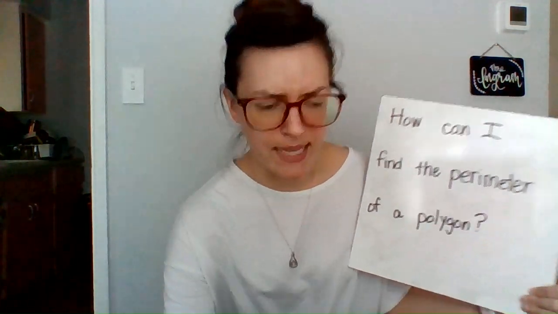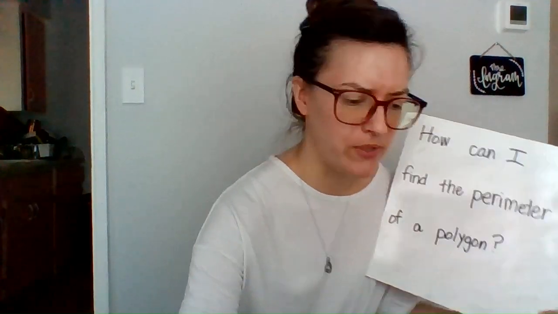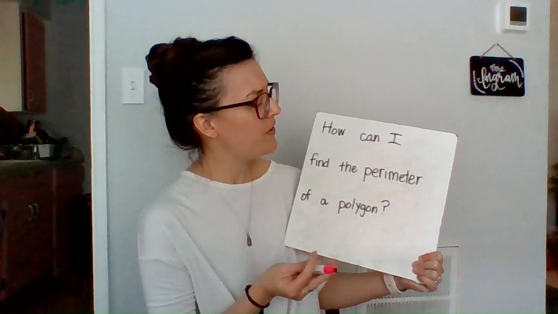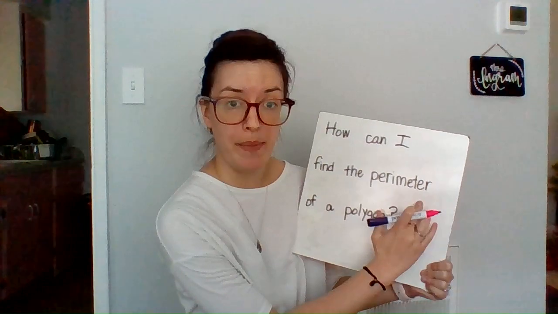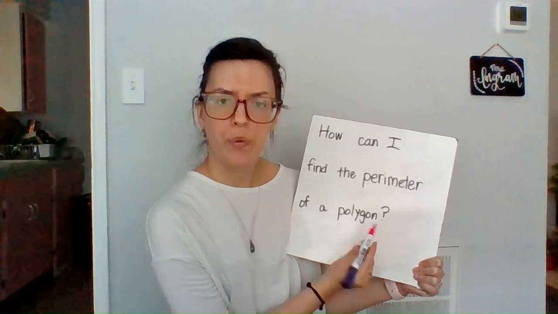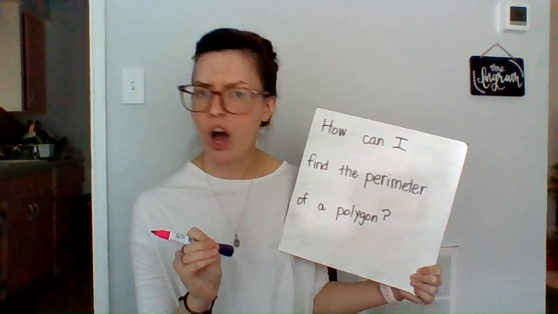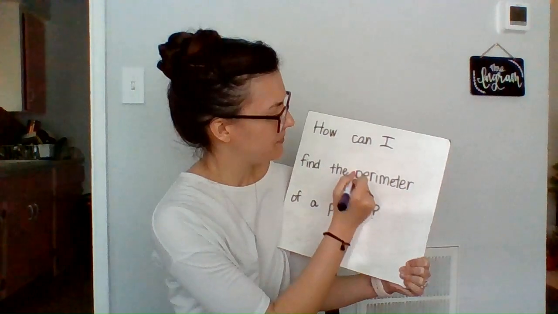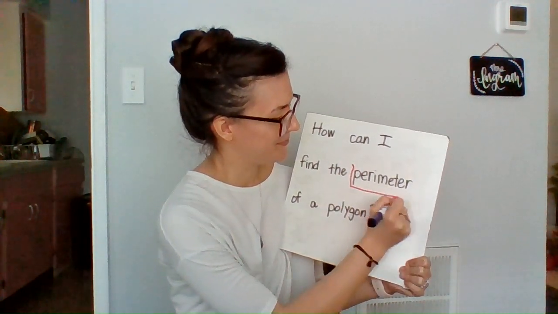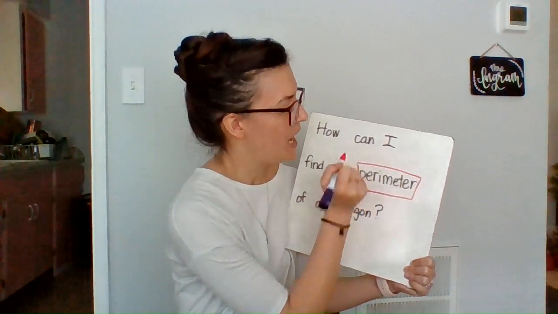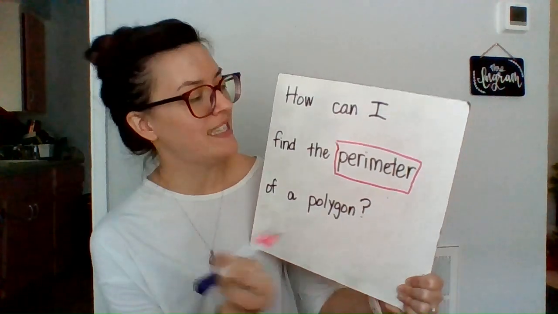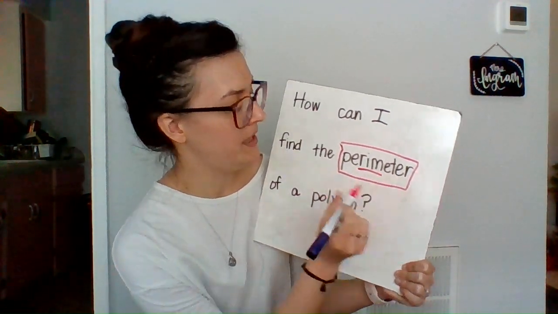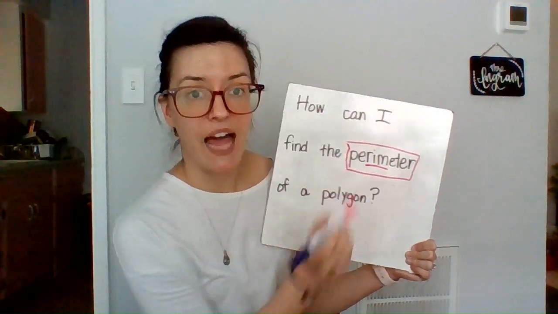So let's take a second, let's break down some of those words. Let's focus here first on perimeter. When we're asking about the perimeter, what are we talking about? What is a perimeter? A perimeter is the rim, the outside edges of a shape.